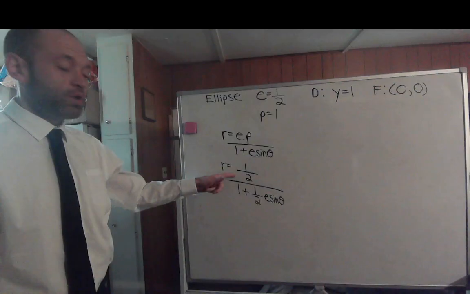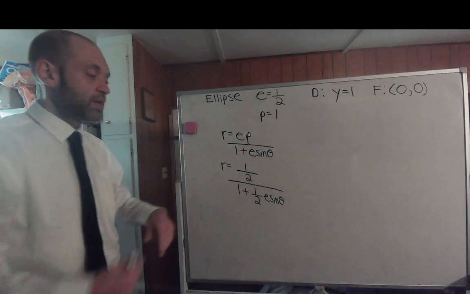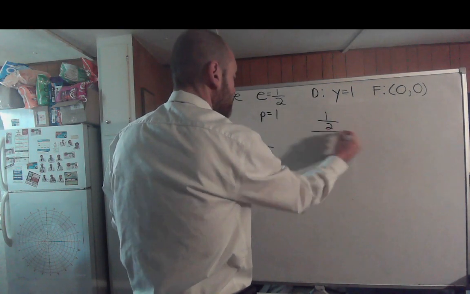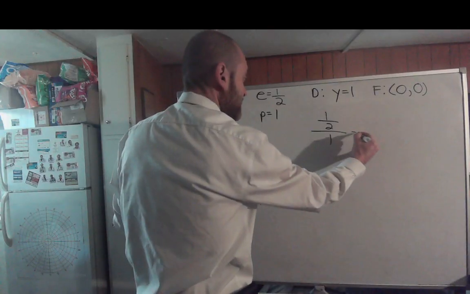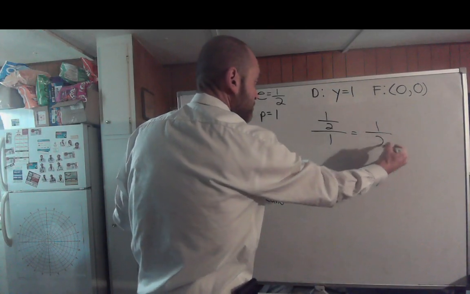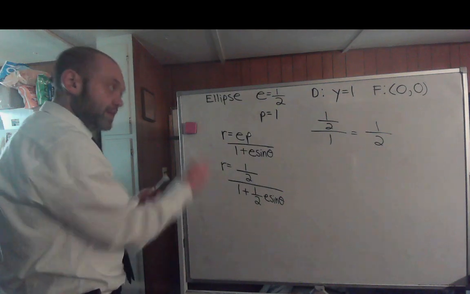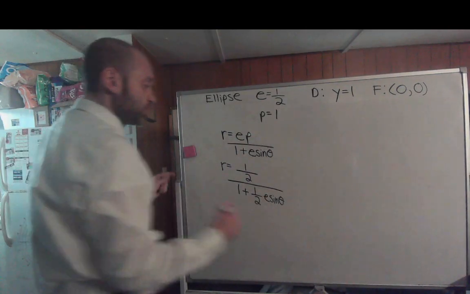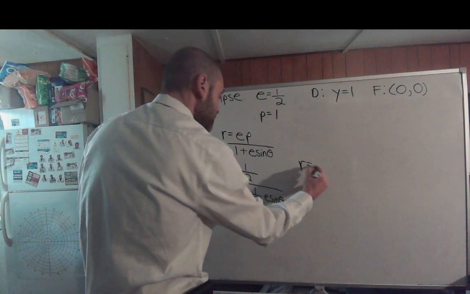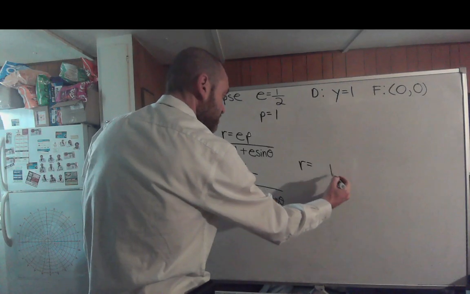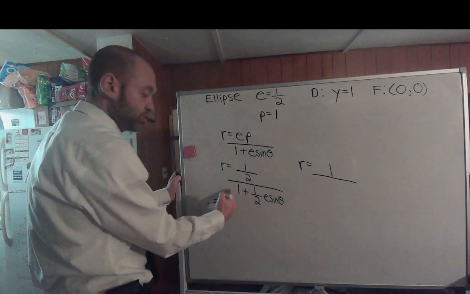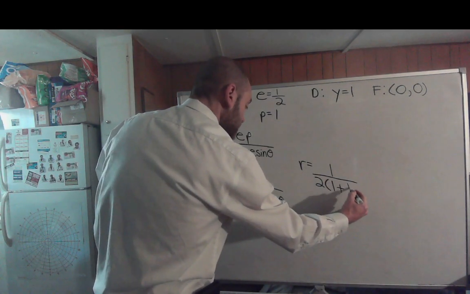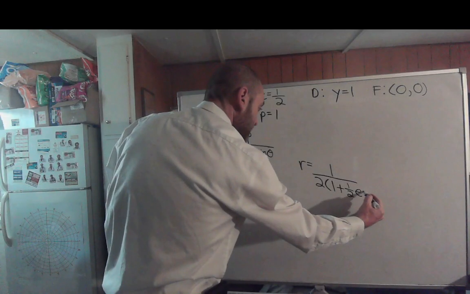Isn't it true that if I have 1/2 over 1, that's the same as just 1 in the numerator with that 2 moved to the denominator? That's exactly what we're going to do here. So I can change my numerator to just be 1. That 2 will go down to the denominator times that 1 plus 1/2 sine of theta.